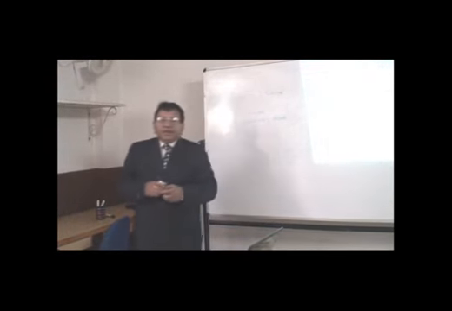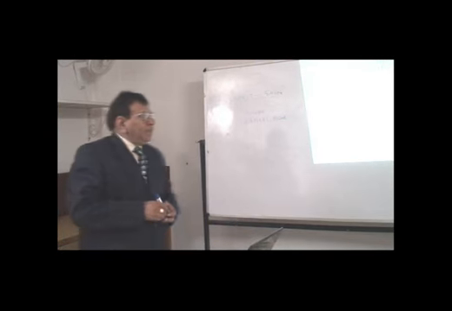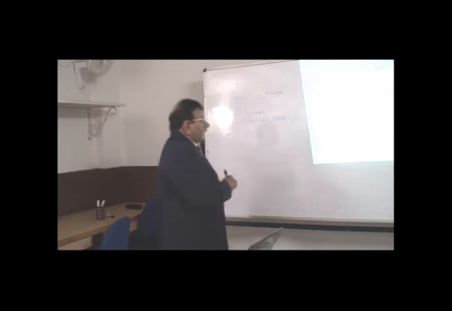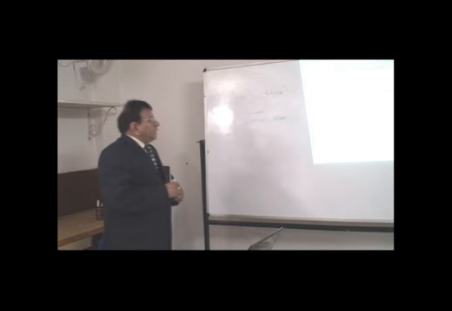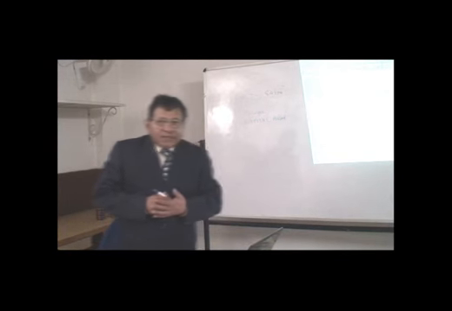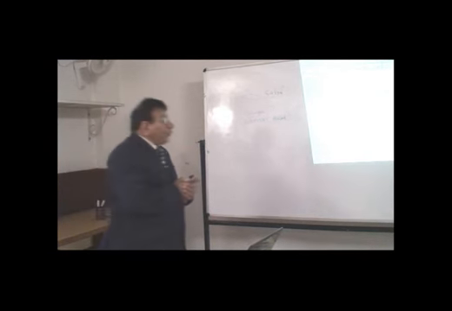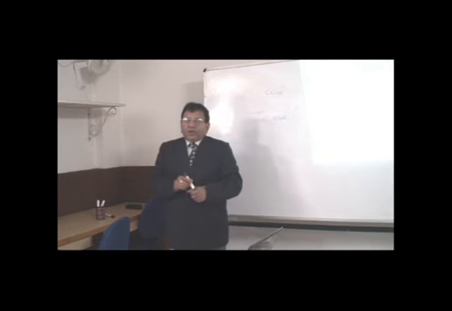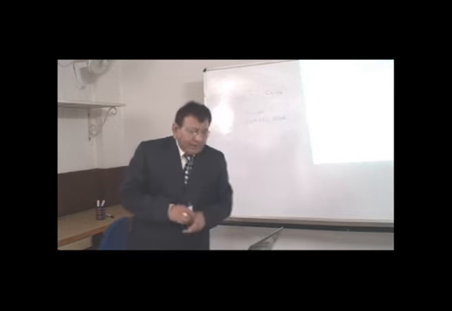Otherwise, the things seem to be the same. So the major difference between short-term capital gain and long-term capital gain is, among other things, that in the long-term capital gain, the indexed cost of acquisition and the indexed cost of improvement, if any, form the basis for computing the capital gain.